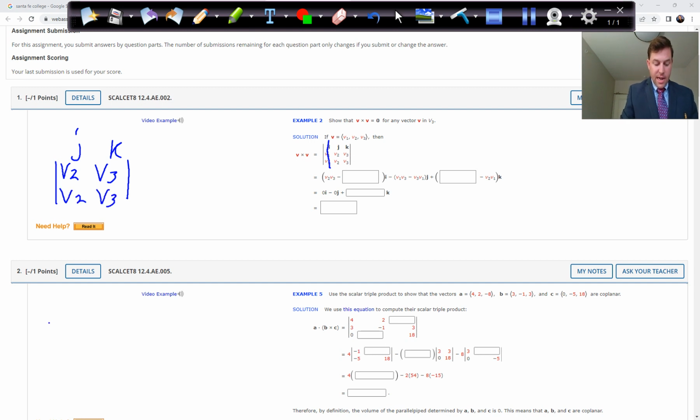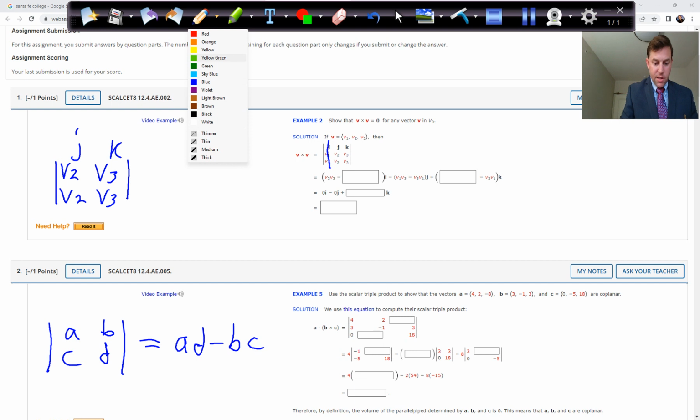Now generically, any determinant, let's say I have A, B, C, D, is equal to A times D minus B times C. So the way most people remember it is you multiply this diagonal and then you subtract going this diagonal.